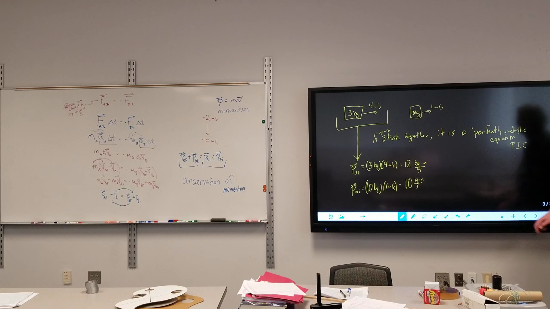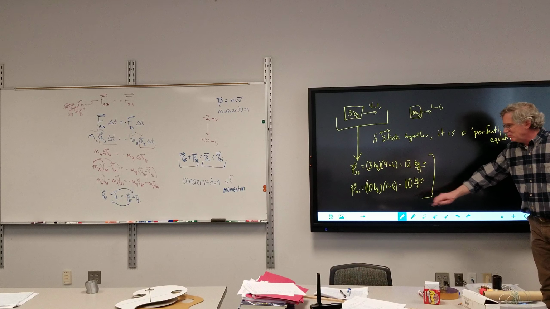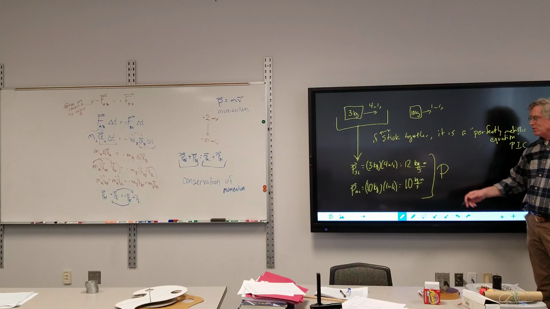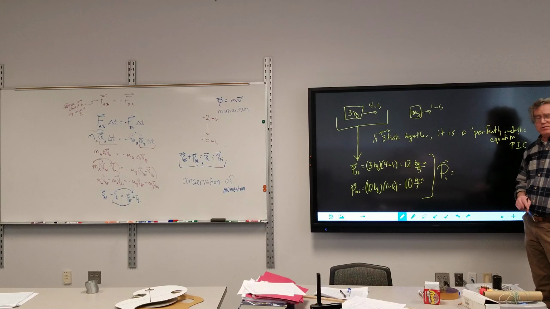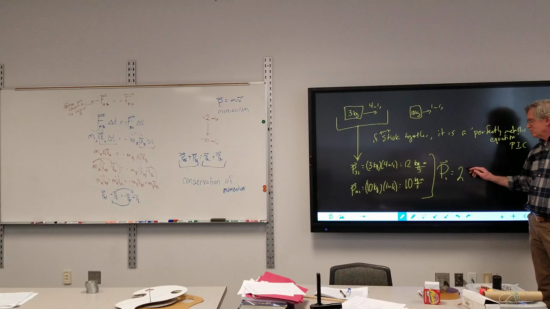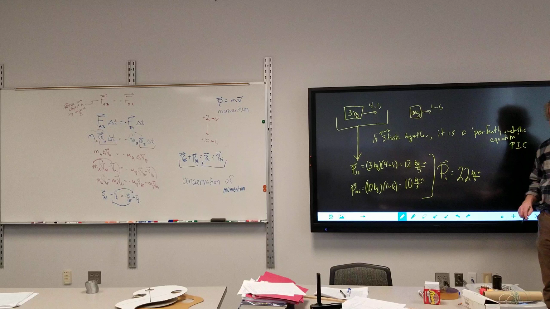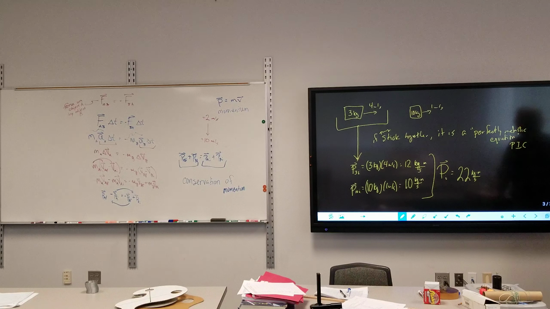So what is the total momentum before the collision, which I will just write as a capital P initial? The total momentum beforehand is 22 kilogram meters per second. It wouldn't be squared, it would just be that.